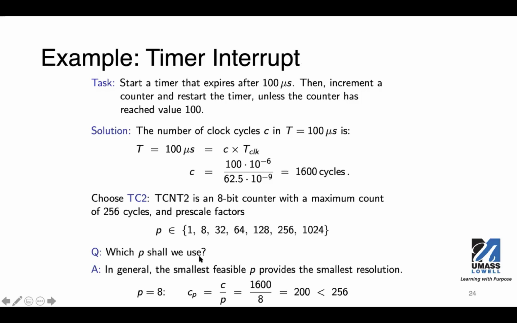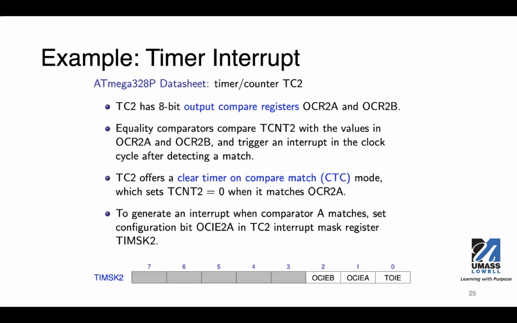So it's better to use a smaller pre-scaler, so you have smaller resolution. So now we know that if we use pre-scaler 8, we need to set the counter to count 200 times. So it starts from 0, so we need to set the value as 199.